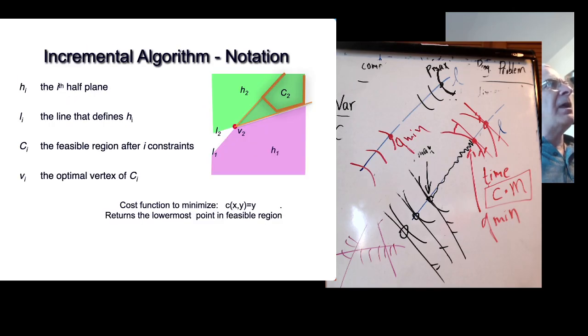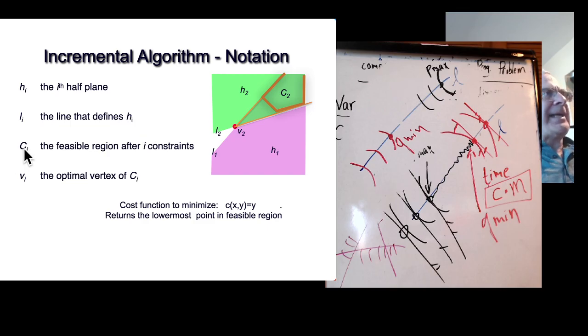So a few notations, and be focused because we are going to use this notation throughout this whole chapter. H_i is the ith half plane. My input is a cost function, let's say pointing downward, and n half planes, H1, H2, H3, and each half plane is bounded by a line, and let's give it a name. L_i is a line that bounds or defines H_i.